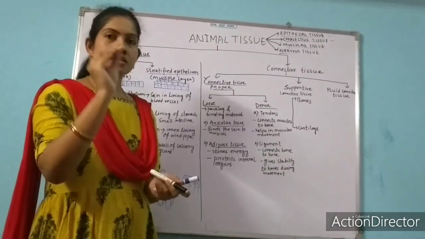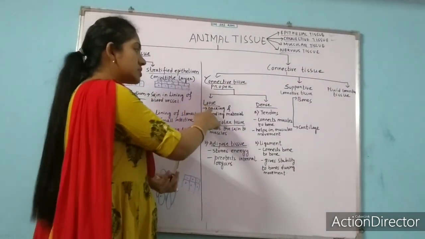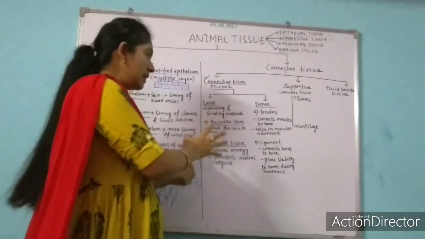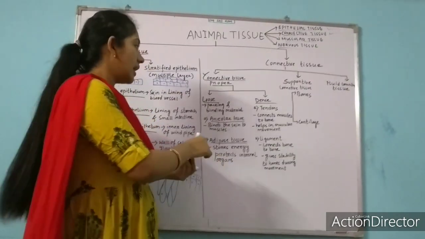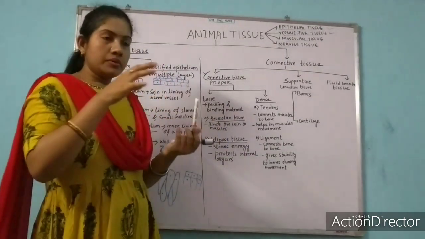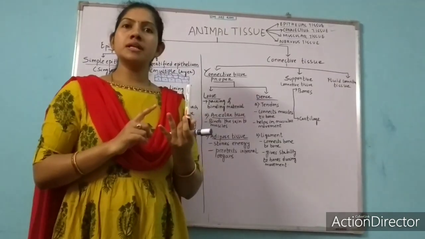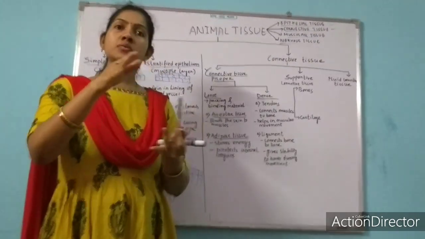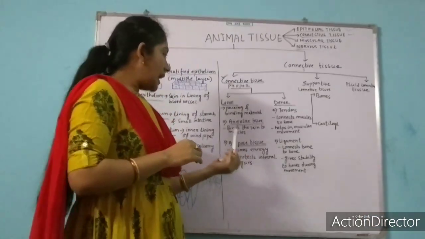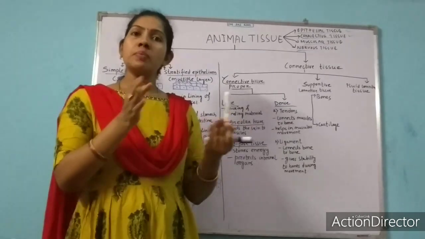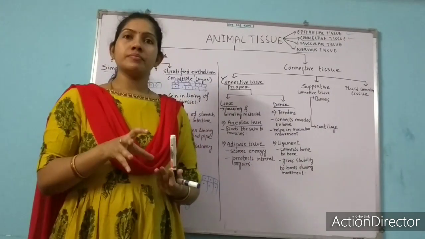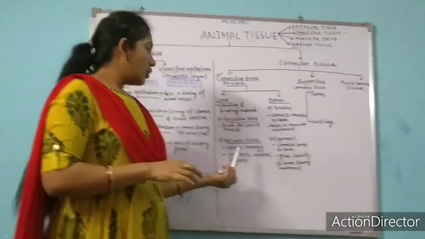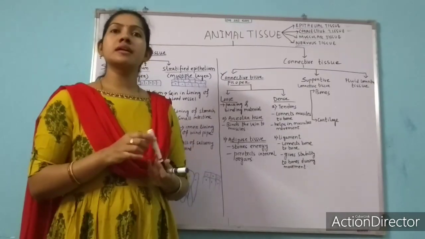Again I am repeating, just listen carefully. Loose connective tissue may be of 2 types: areolar connective tissue and adipose connective tissue. Adipose tissue has fibers with fats, which helps them to store energy, and they also protect the internal organs.